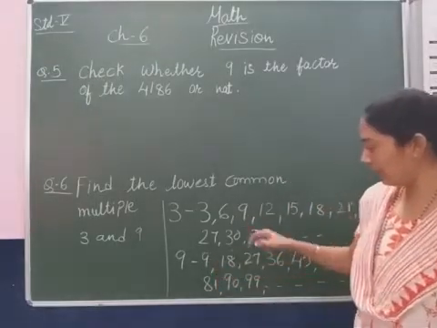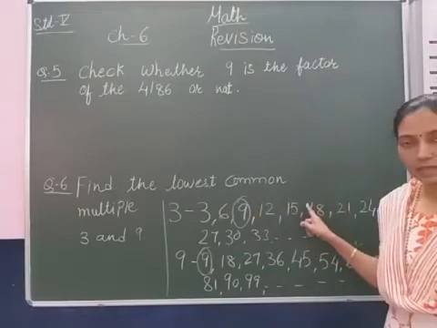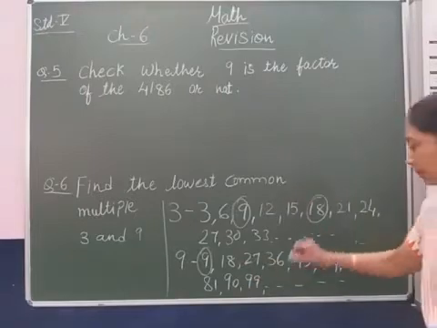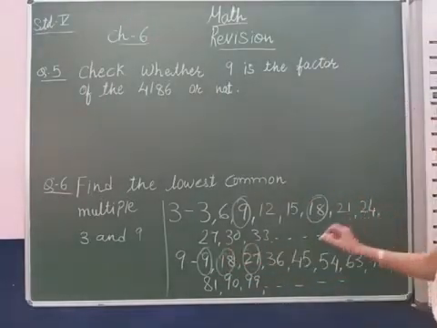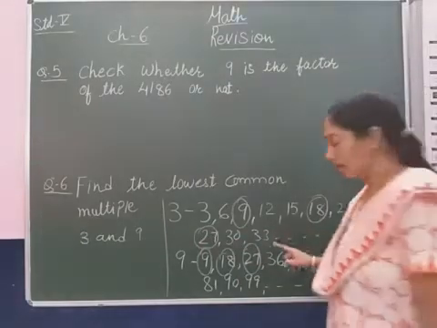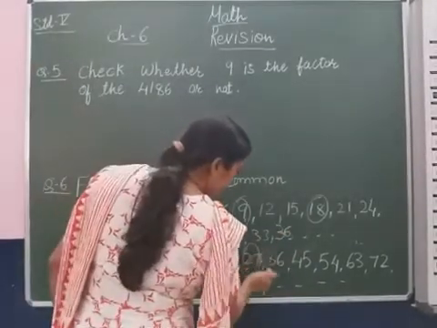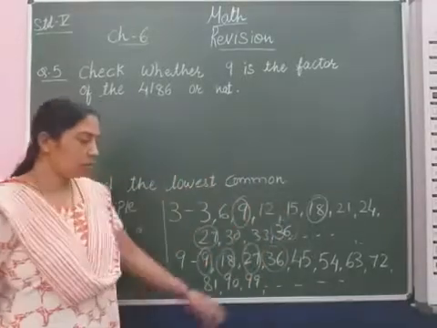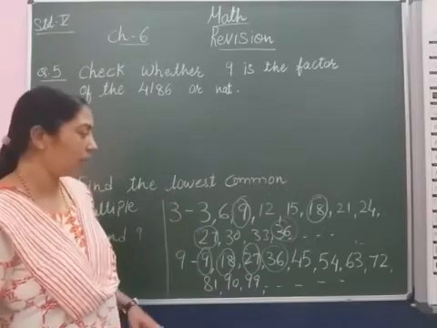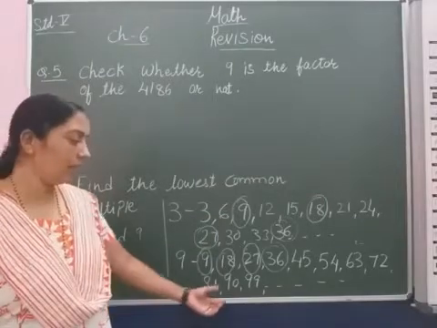Here we see 9, first circle it as a common multiple. Now 18, 27 also, and 36 can also come, since 12 3s are 36. This goes on, but initially we can see that the common multiples of 3 and 9 are 9, 18, 27 and 36.